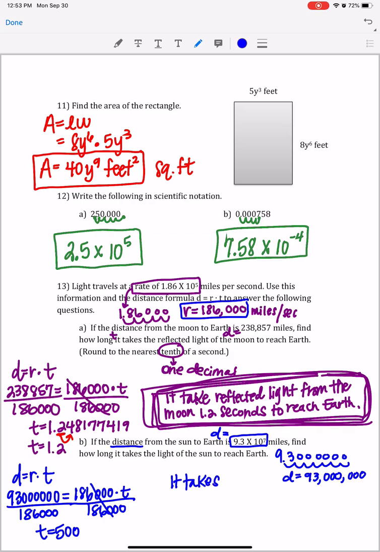It takes the light of the sun 500 seconds to reach Earth.